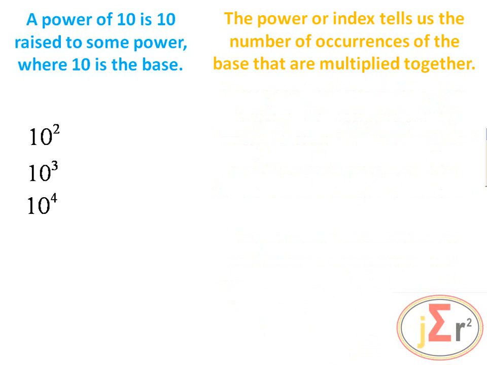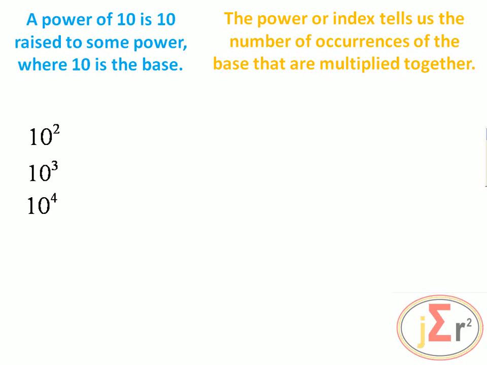The power or index tells us the number of occurrences of the base that are multiplied together. So the base is 10 and the power is 2. So we will have 2 occurrences of 10. The base is 10 and the power is 3. So we will have 3 occurrences of 10 multiplied together.